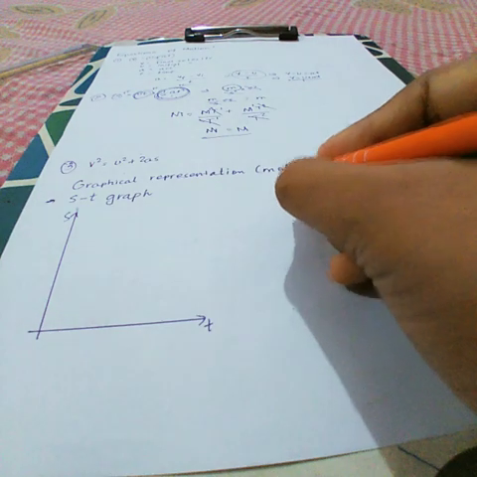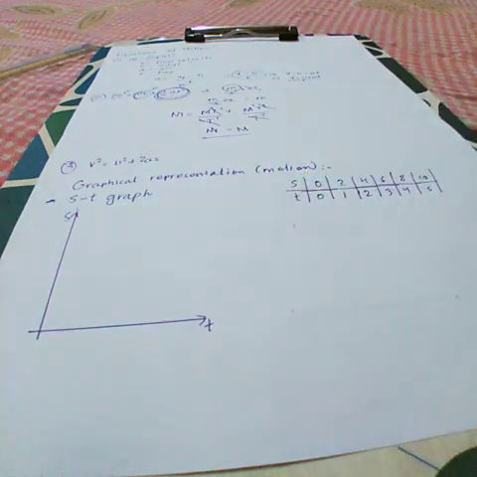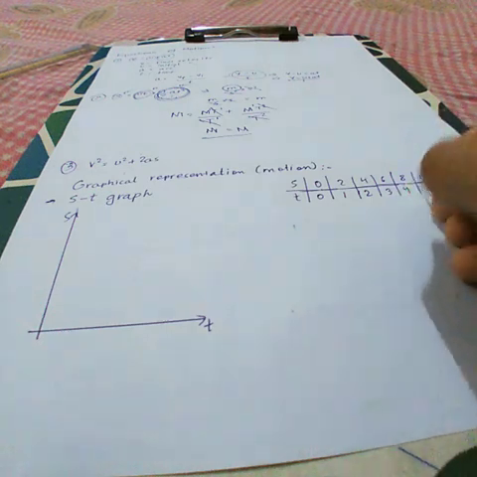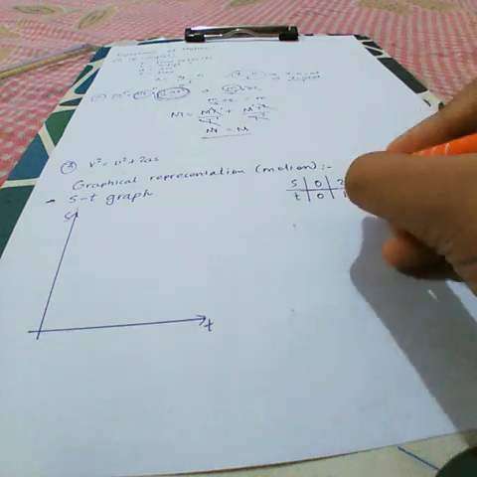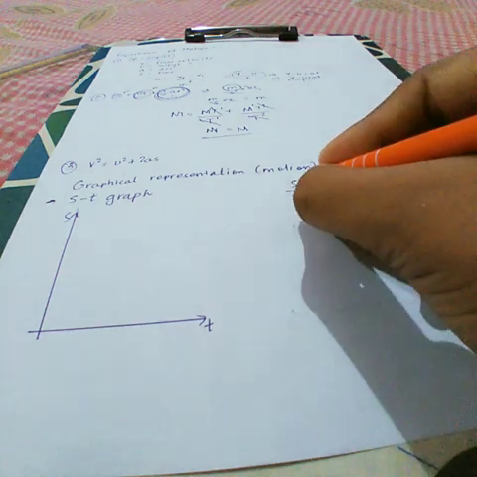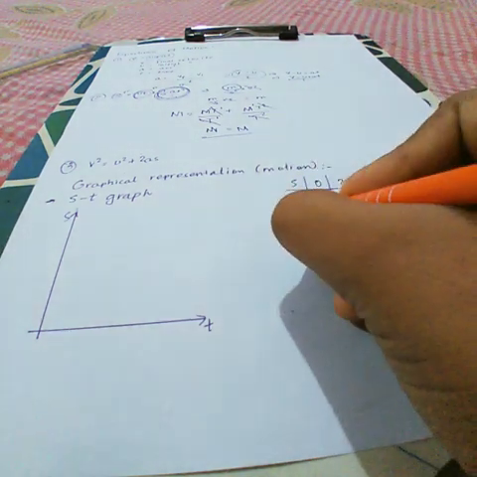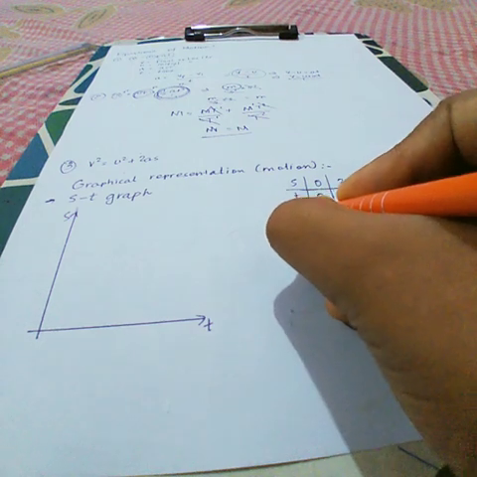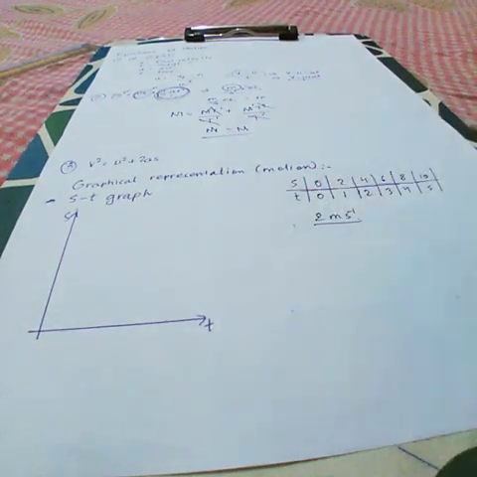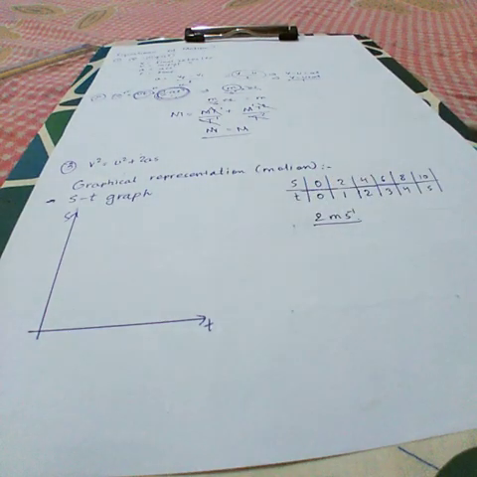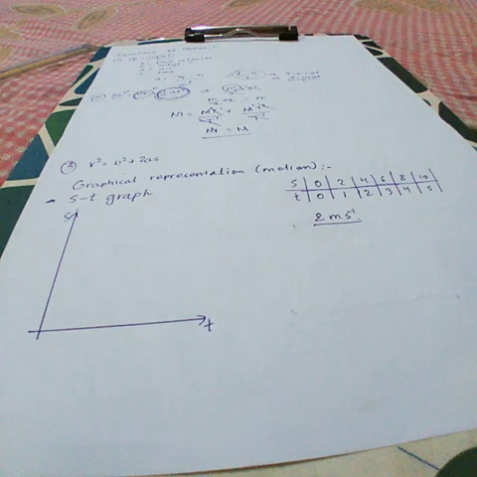From this data we can see that it is in uniform velocity, because in each unit second it is covering 2 meters. So we can say that the velocity is 2 meters per second.